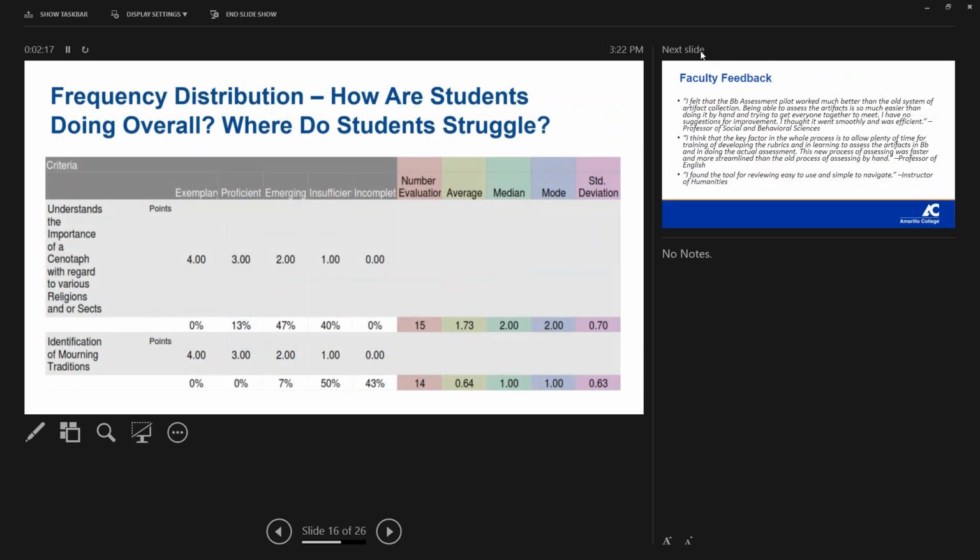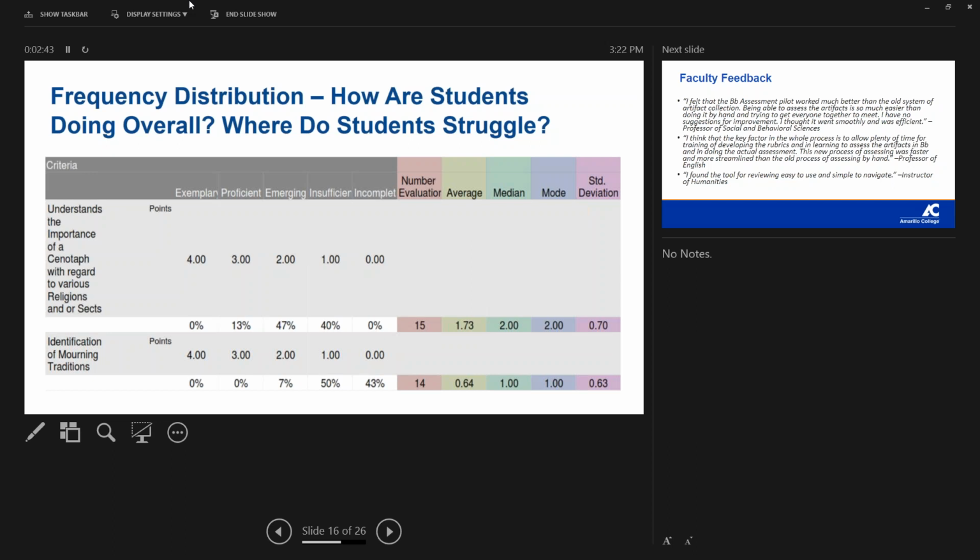And then the final output here is a frequency distribution. The titles of our rubrics are at the top here, exemplary to incomplete, and we score from 4 to 0. You can see the percentages in here. Most of the course lies in the lower categories, and especially for morning traditions, you've got 93% of the class in the 1 and 0 rating on this particular learning outcome.